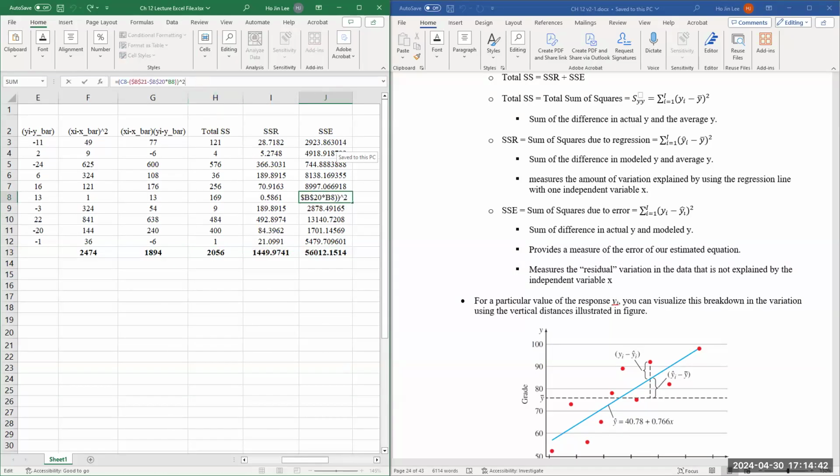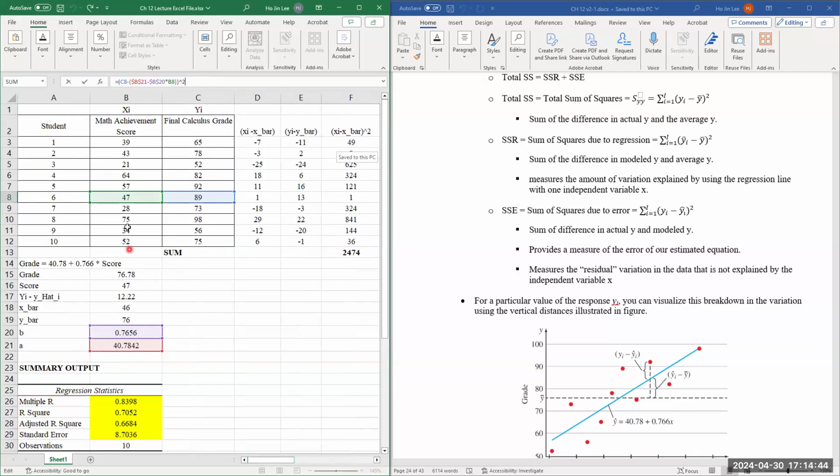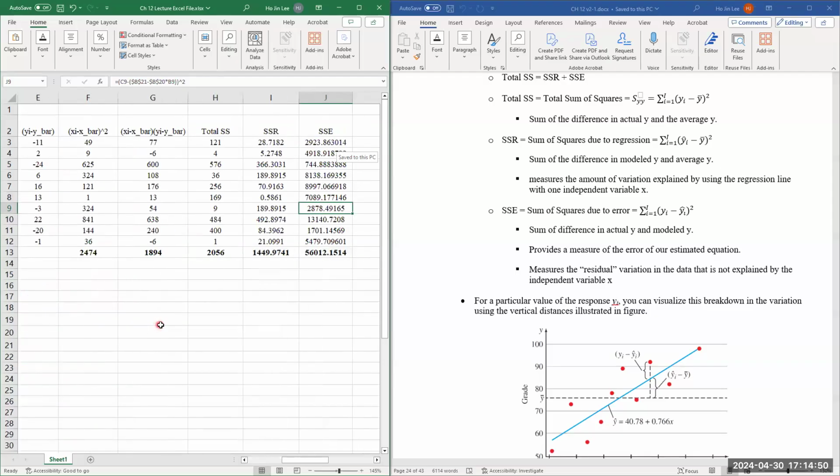Check one of these to make sure we didn't mess it up. Okay. Looks like it's good. I don't think this is good. Let's make sure we didn't mess something up.